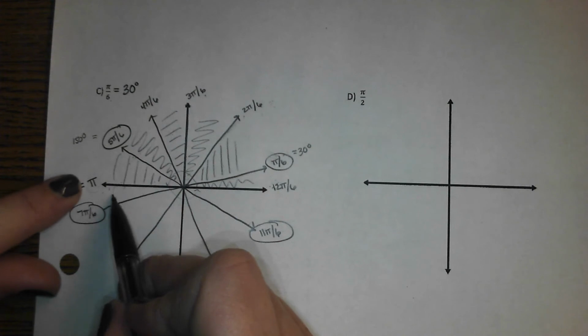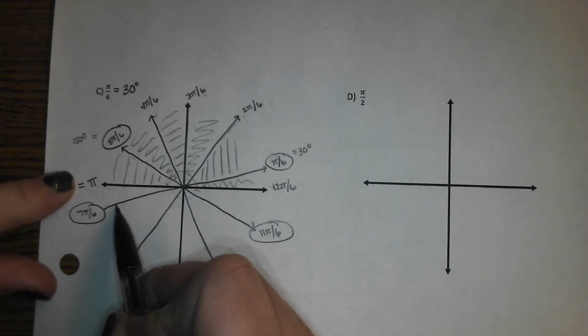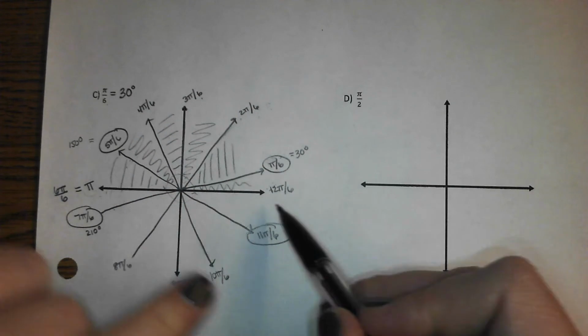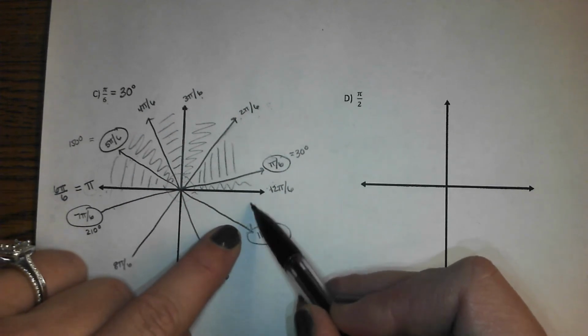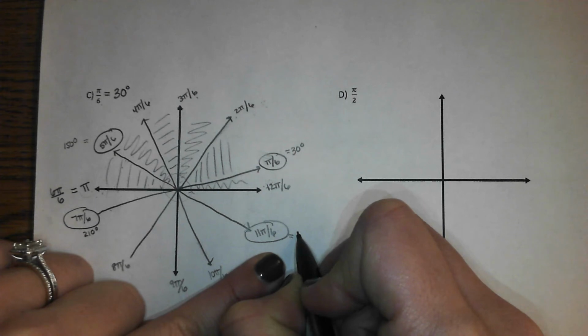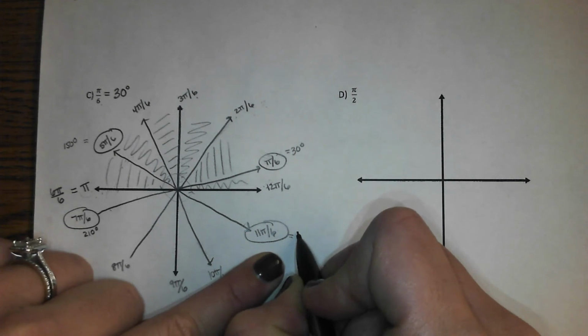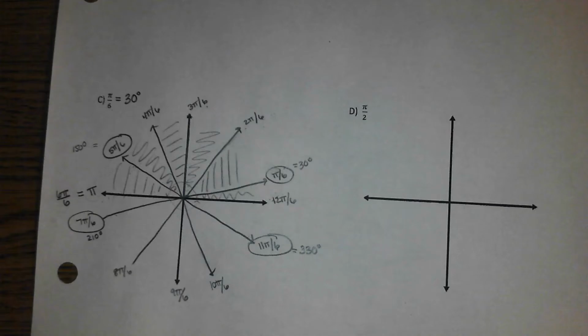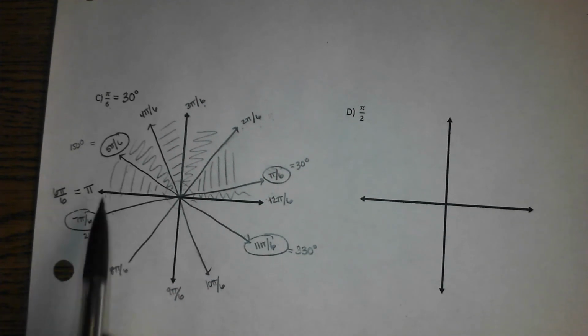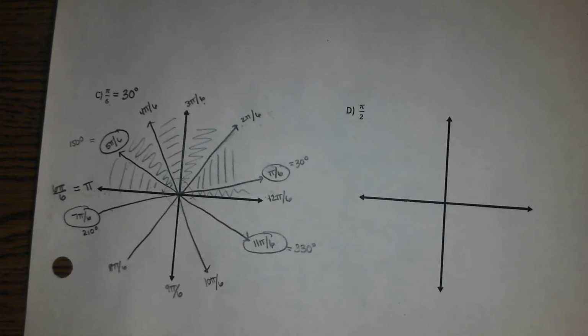This one's 30 degrees after 180, which is what? 210. And this is 30 degrees prior to 360, which would be what? 330, very good. So, without doing conversions the way I taught you yesterday, logically you can wrap your head around the fact that that would be 30, that would be 150, 210, and 330. Good?